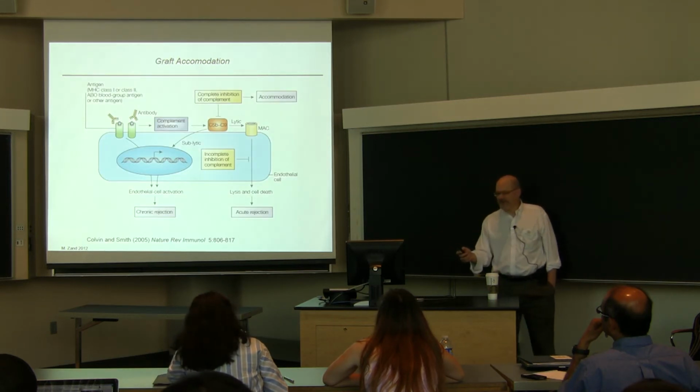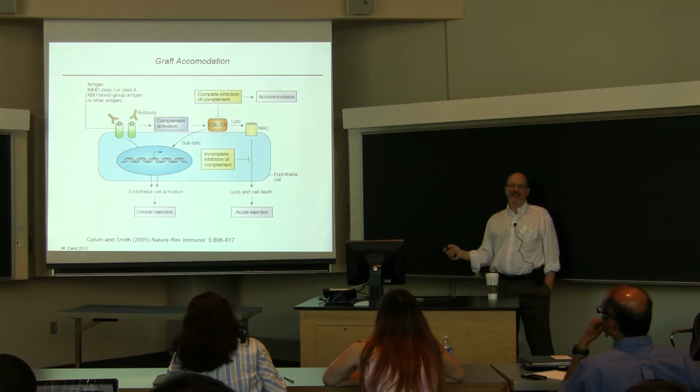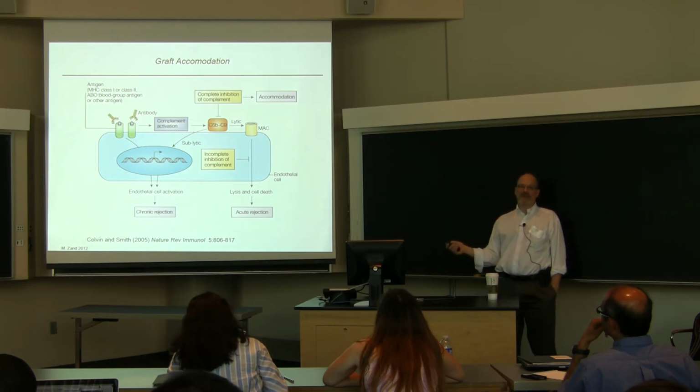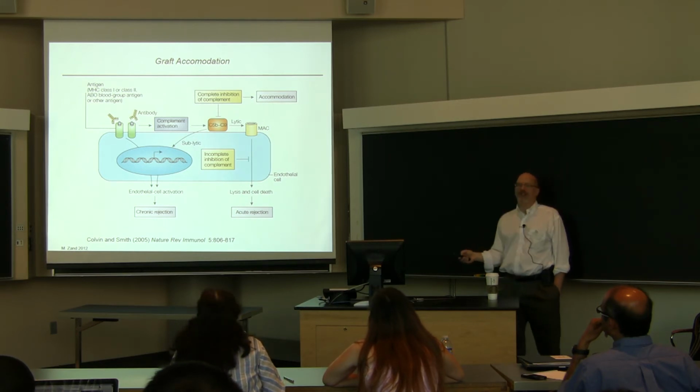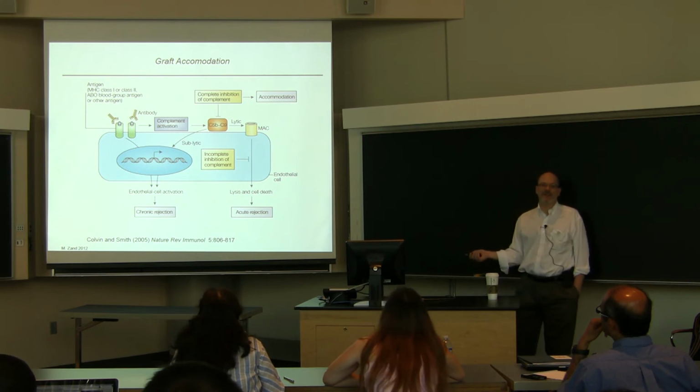There is, however, this phenomenon in ABO incompatible types of transplants that after about 6 or 8 weeks, you get this thing called graft accommodation. And that is you get complete inhibition of complement, and although those antibodies may be around, they don't activate complement, and you get accommodation, which means that that transplant will survive.